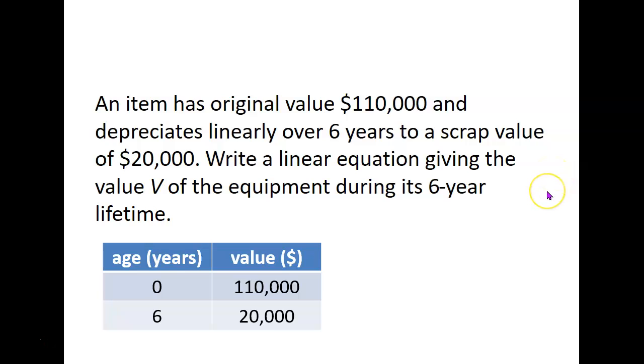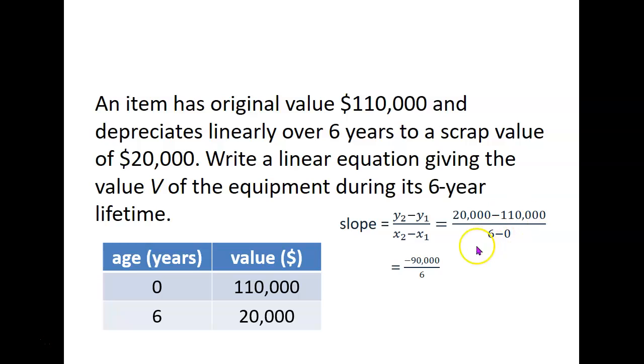So we can start by calculating the slope, y-coordinate minus y-coordinate, over x-coordinate minus x-coordinate. Here that would be 20,000 minus 110,000 over 6 minus 0. So 20,000 minus 110,000 is negative 90,000.